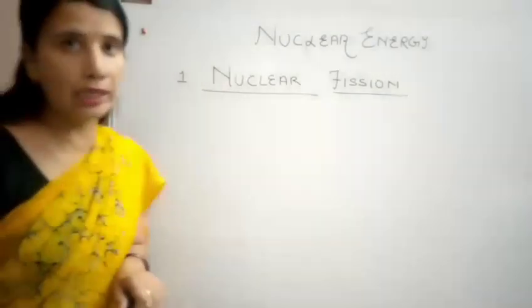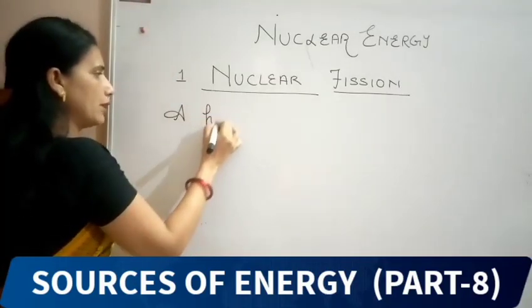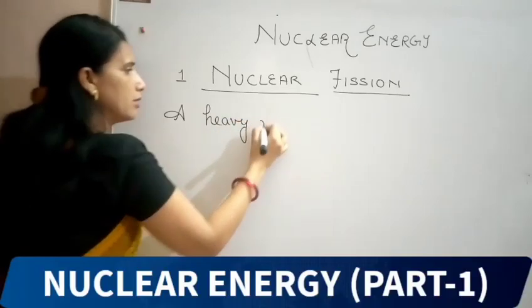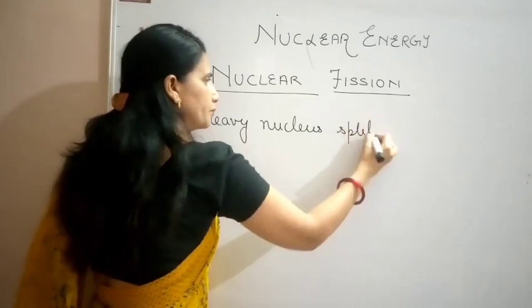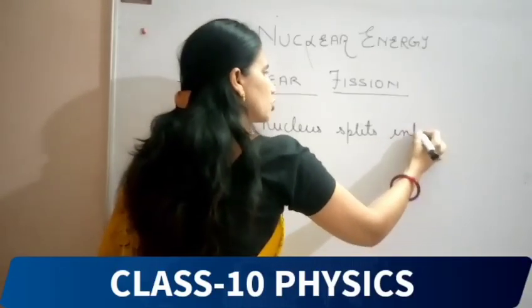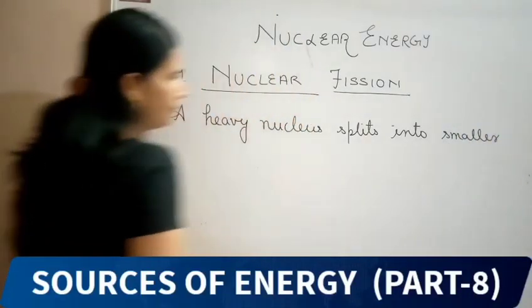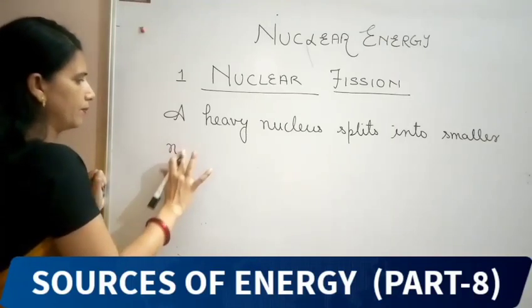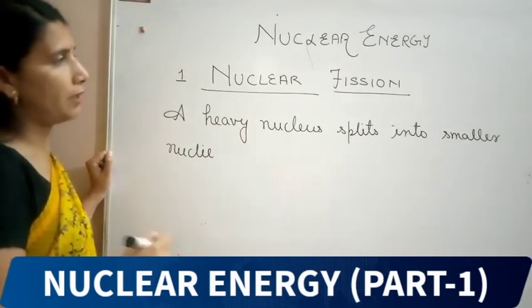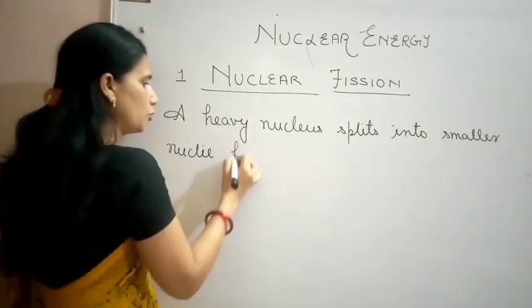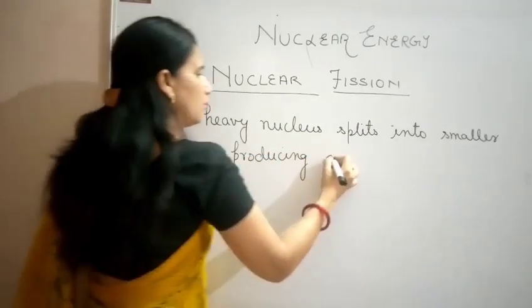So in a nuclear fission reaction, a heavy nucleus splits into smaller nuclei, producing a large amount of energy.